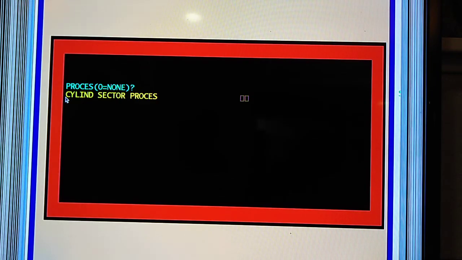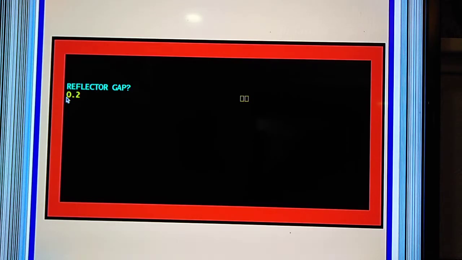Cylinder sector processing. Okay, reflector gap. This is how we're going to check our plot. Core height, we're feeding in the geometry of the reactor now. This matrix process, we have to feed in boundary thickness, fluid length, barium oxide reflector height.